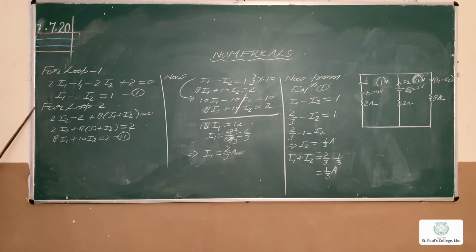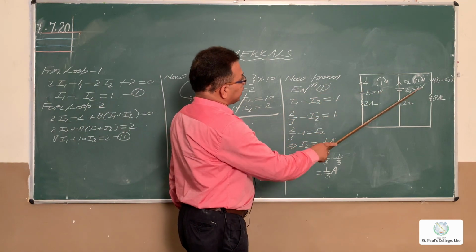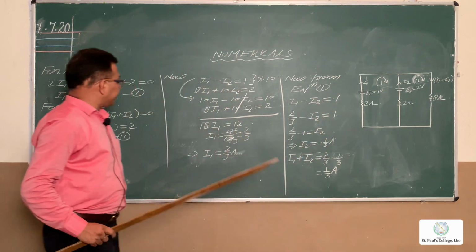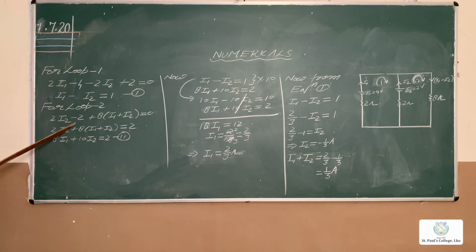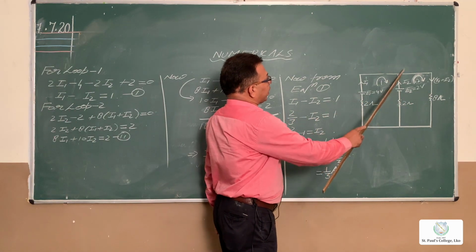Now consider loop 2. For loop 2, you will write 2I2 minus E2, the value of E2 being 2, and plus, because there is no cell in this branch, the value of current will be positive.